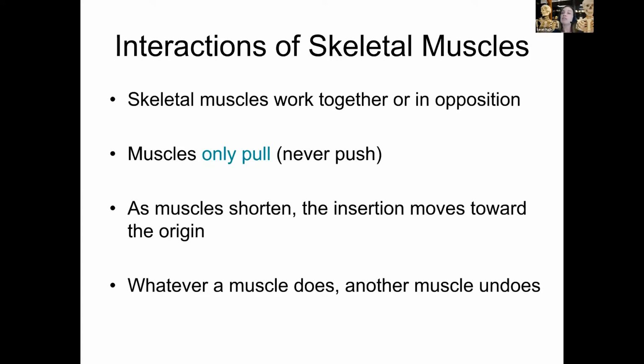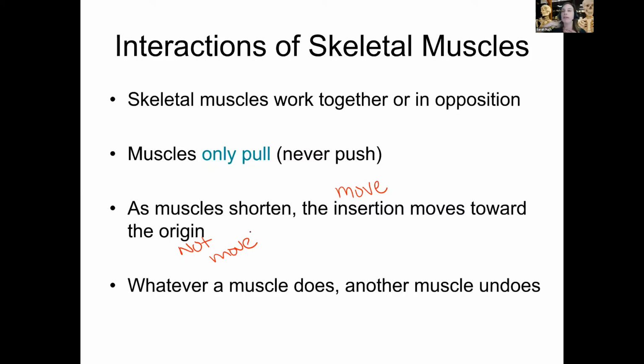And as a muscle gets shorter, the insertion gets closer to the origin. So remember those terms. The insertion is the one that moves. This is the movable bone. The origin is the one that does not move. Okay, so let's think of the sternocleidomastoid muscle. That's this muscle right here. It runs from the sternum and the clavicle up to the mastoid process behind your ear.